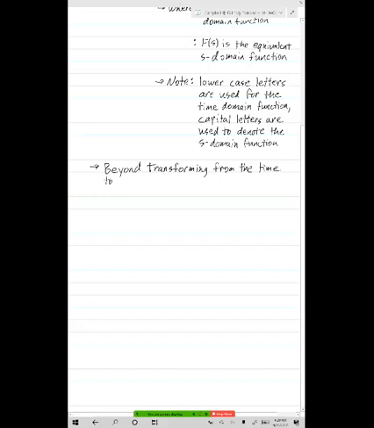So here I'll say, beyond transforming from the time to the frequency domain or S domain. Generally I'll write S domain though, because it is a little bit faster.